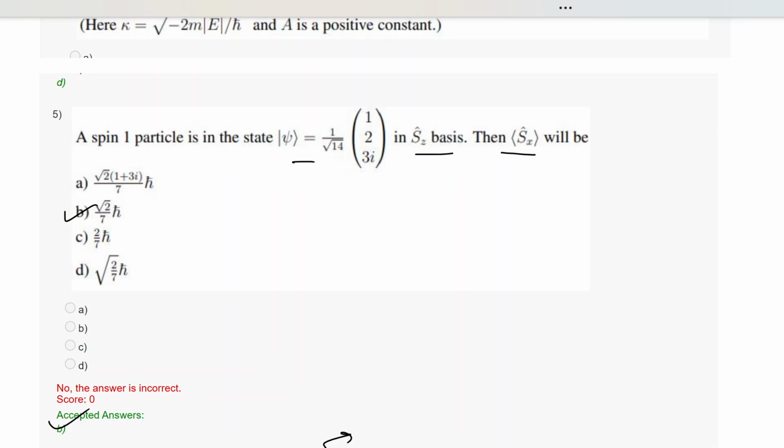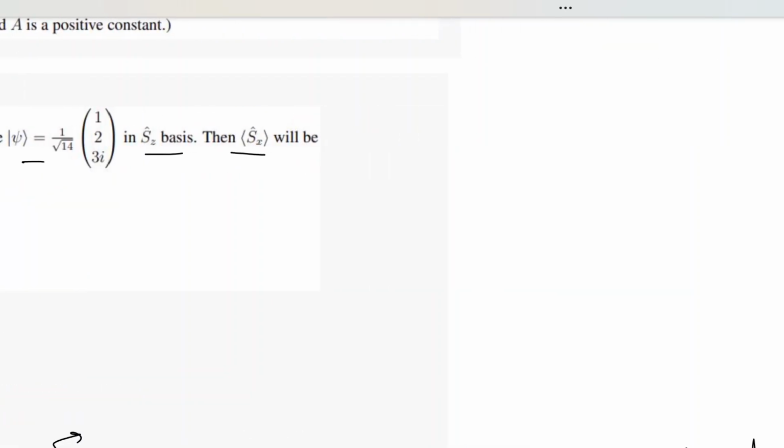So you know that Sx equal to ħ by 2 sigma x in terms of Pauli spin matrices, Sy equal to ħ by 2 sigma y. So i Sx Sy will be i ħ squared by 4 sigma x sigma y. Now you know the property of Pauli spin matrices, that sigma x sigma y equals i sigma z.